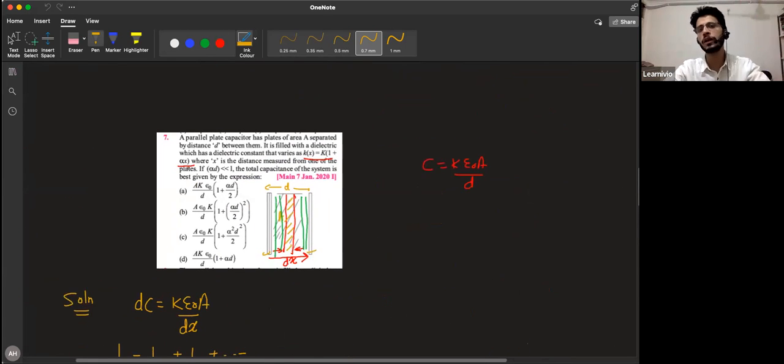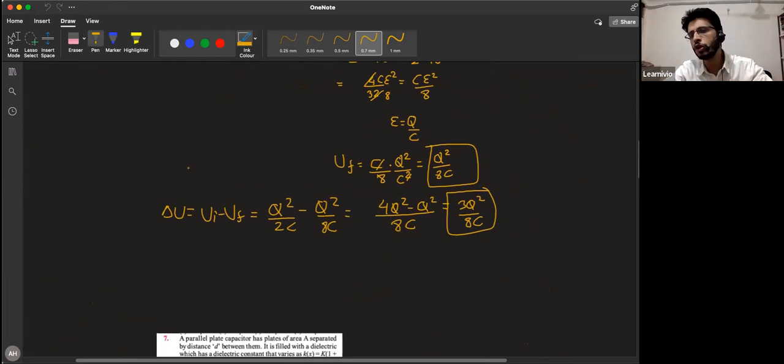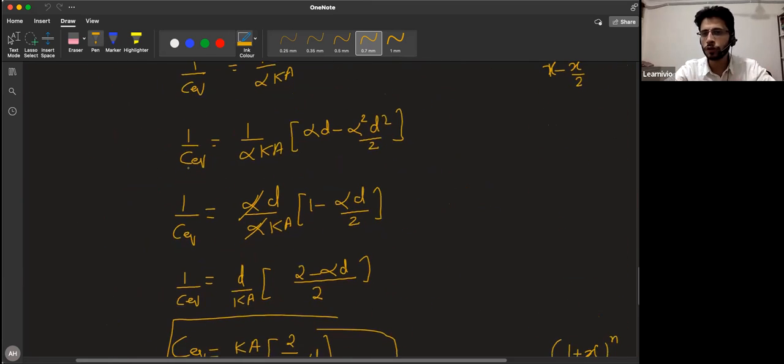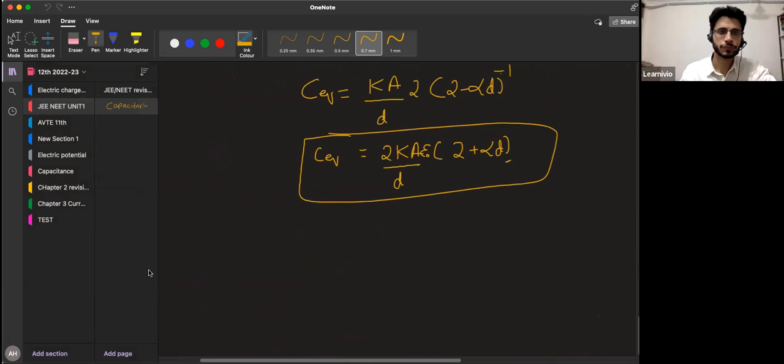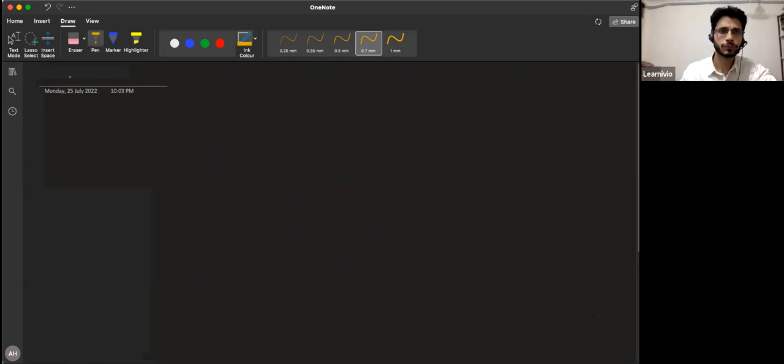Those questions were related to the energy of a capacitor and the relation C is epsilon naught A by D. Today also we will revise capacitors only, but we will focus on circuits more, series and parallel combination of capacitors.